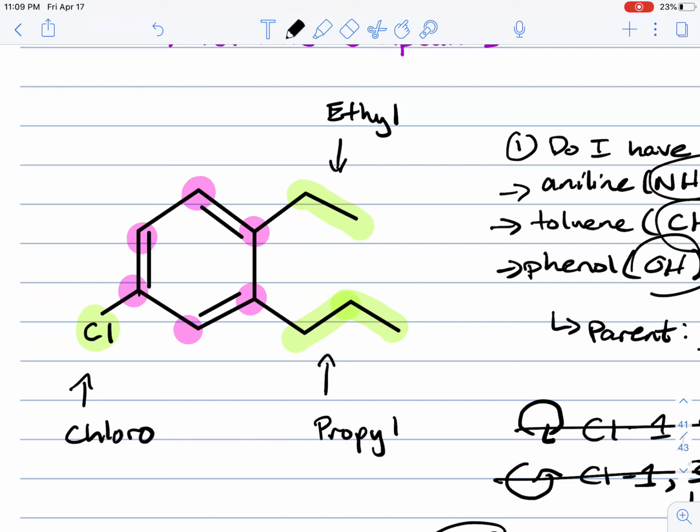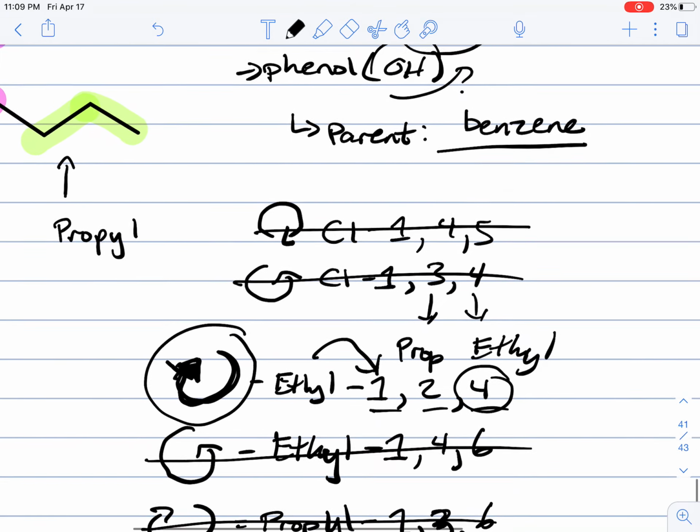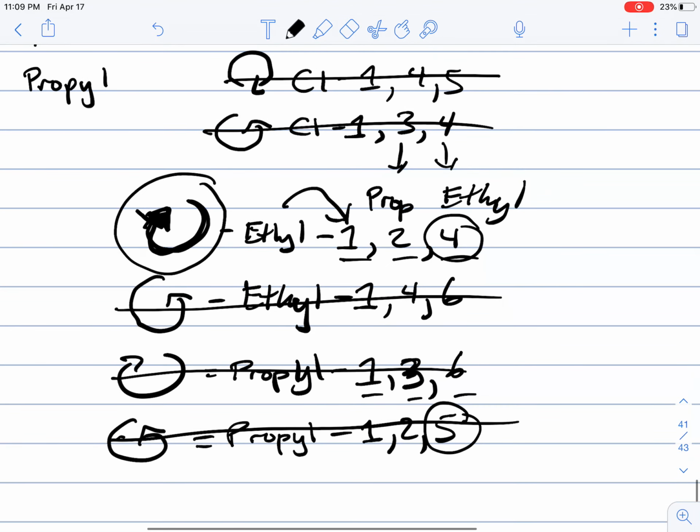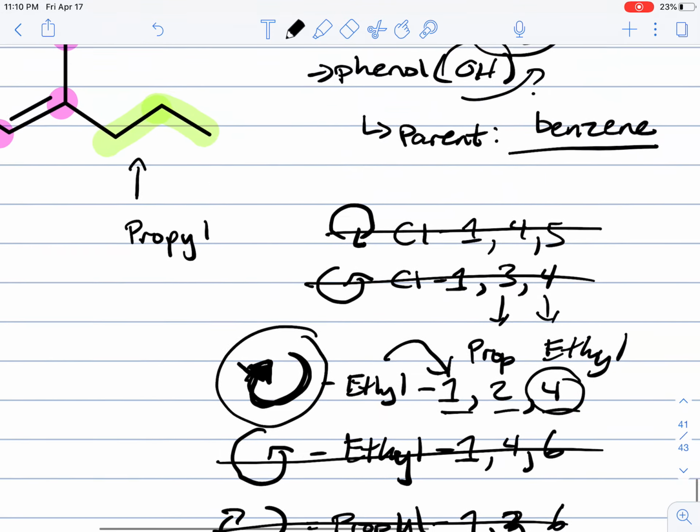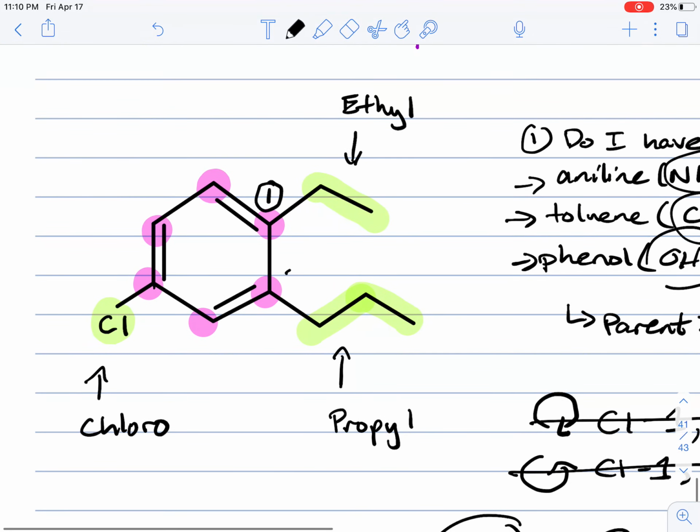After listing out all of those combinations, we're going to go ahead and conclude that carbon number 1 truly is on ethyl and not on any of these other substituents. And we're going to number it clockwise. And if we number it clockwise, this gives us number 2, number 3, number 4, number 5, and number 6.